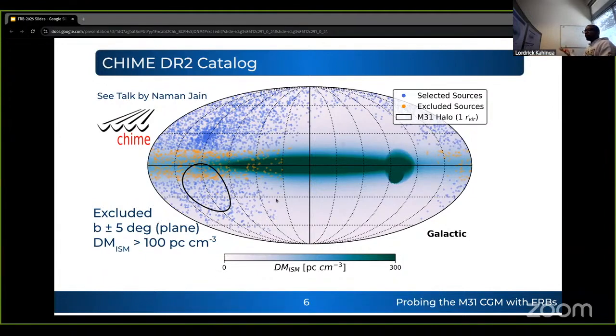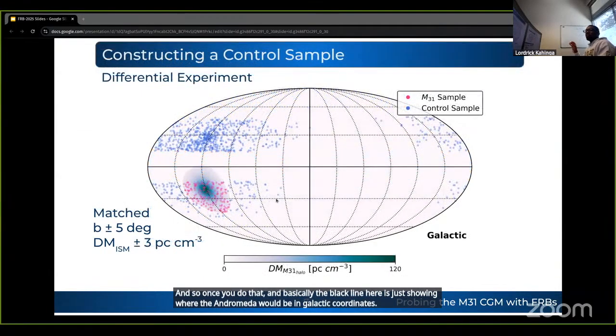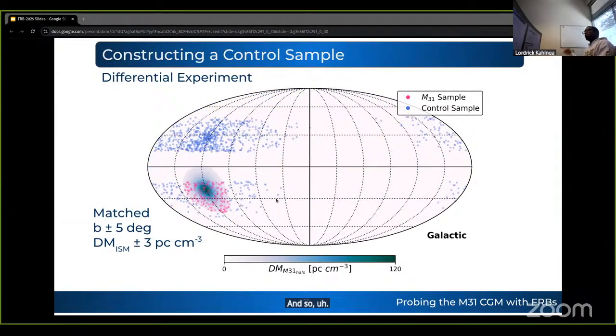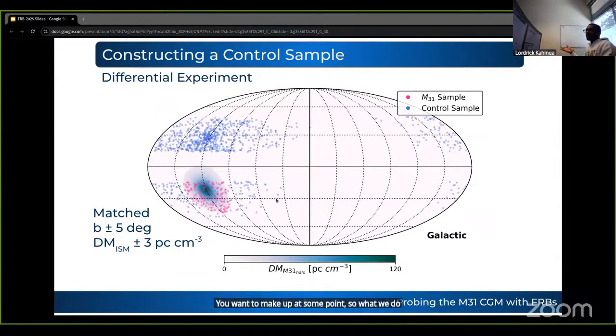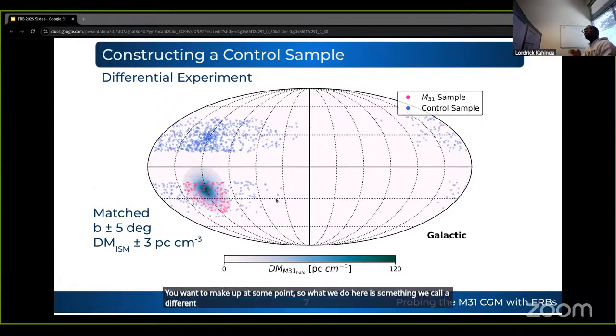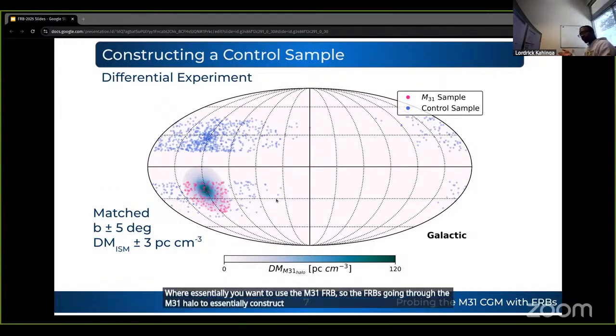And basically the black line here is just showing where the Andromeda Galaxy would be in galactic coordinates. Once you do that, you think about more selection. You want to make a better sample. So what we do here is something we call a differential experiment, where you use the M31 FRBs, or the FRBs going through the M31 halo, to construct a control sample.